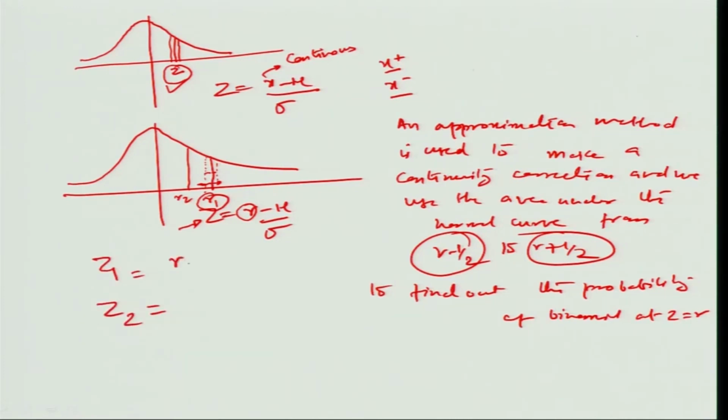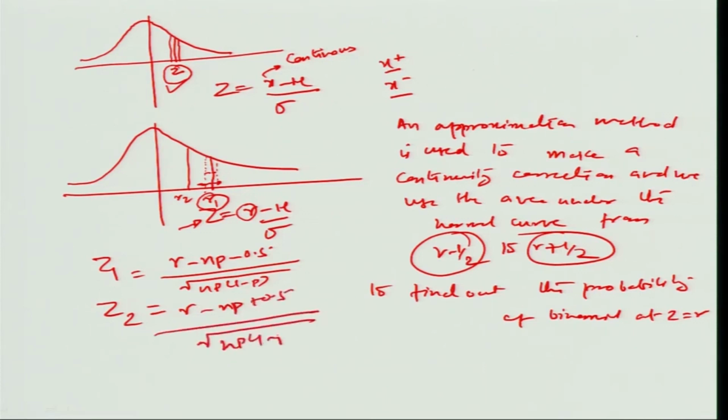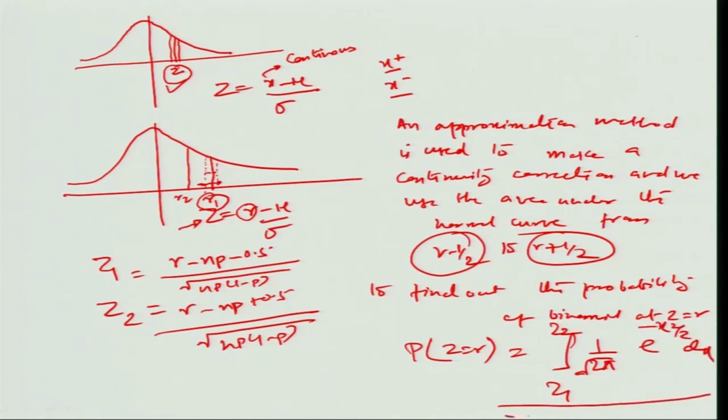In one case you will associate z as r minus np minus 0.5 divided by root of np times 1 minus p, and in the other case you will associate r minus np plus 0.5 divided by root of np into 1 minus p, so that the probability corresponding to z equal to r can be found as the difference in the regions between the z1 variate and the z2 variate, 1 by root 2 pi e to the power of minus x square by 2 dx, which in any event is the cumulative area.